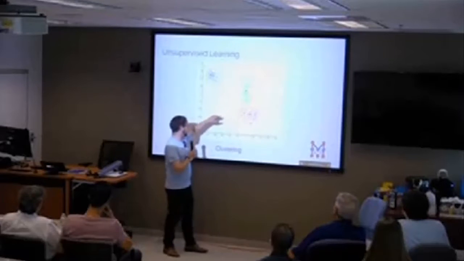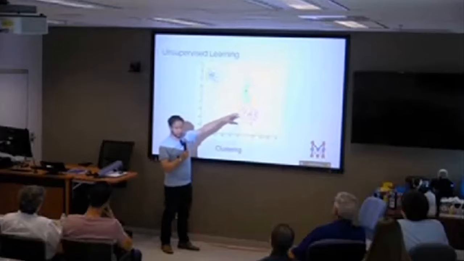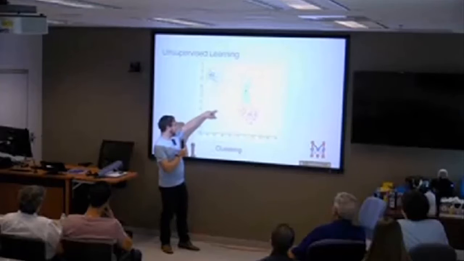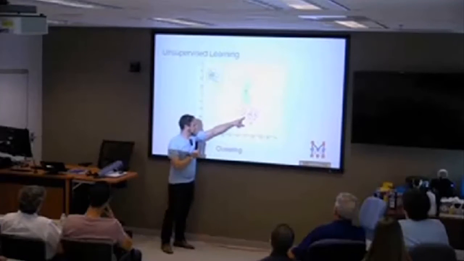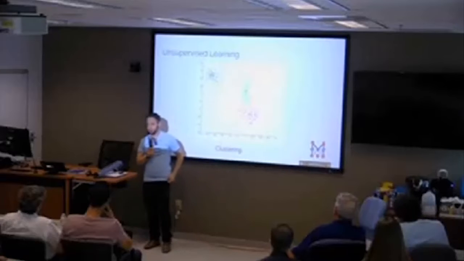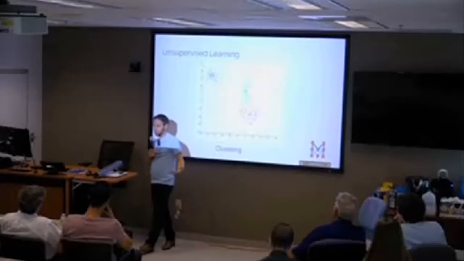What are the reasonable groups? So you can see in this case, this is a model that's taken in a bunch of just x, y coordinates, and it's decided based on some algorithm that these guys belong together and these guys belong together. And it obviously appears pretty reasonable, right? This somehow makes sense that this is a cluster. You can kind of do it intuitively.